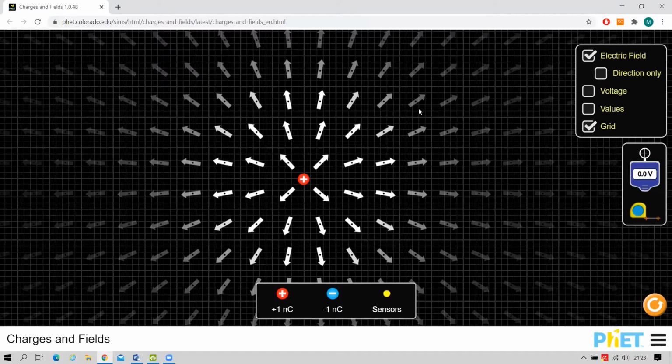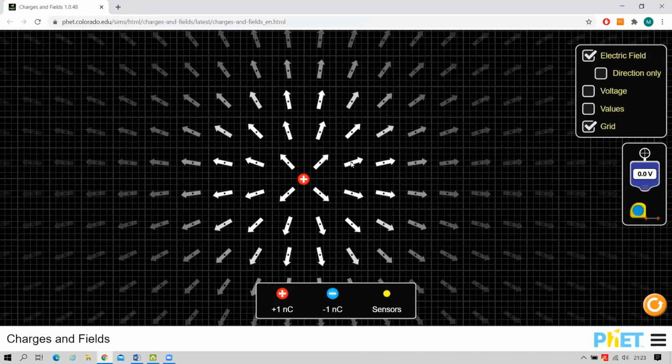Because, first of all, their strength is not represented by the length of the lines, and they are not connected. If they were connected all the way, then you could say that they represent the electric field lines. But you cannot say that for this configuration.